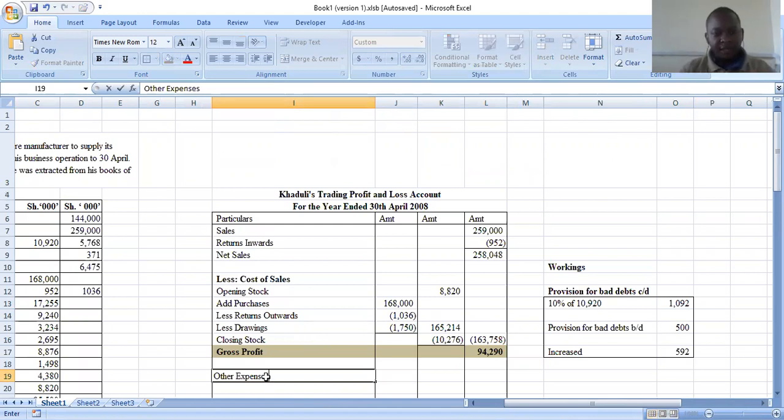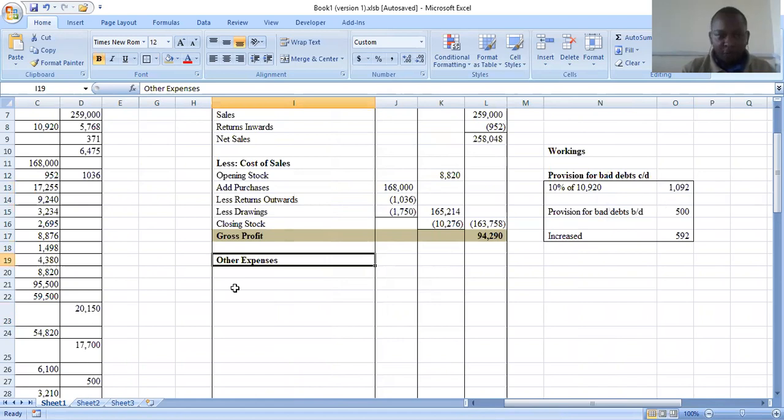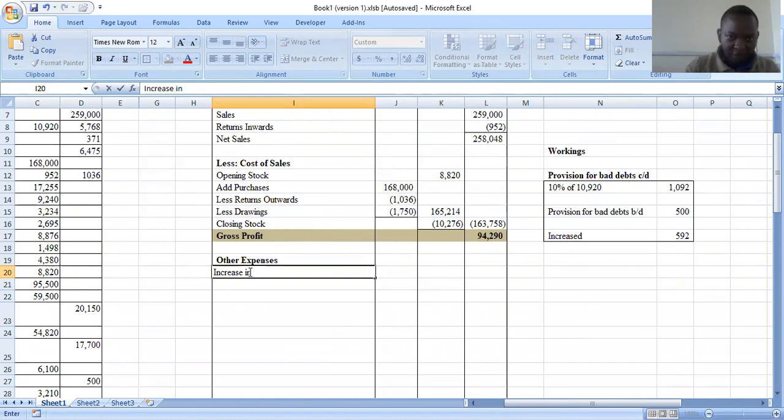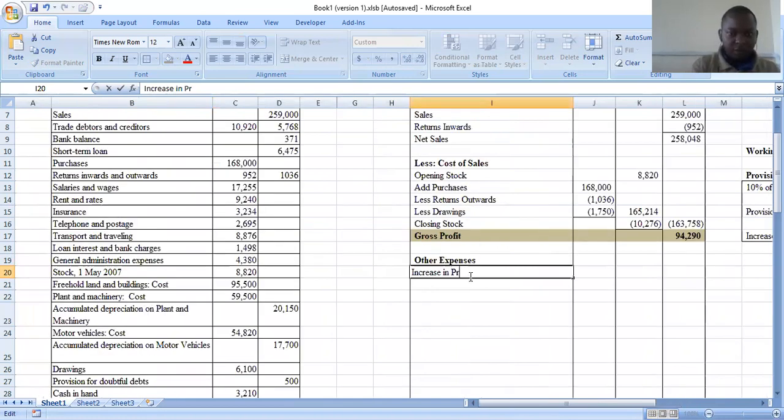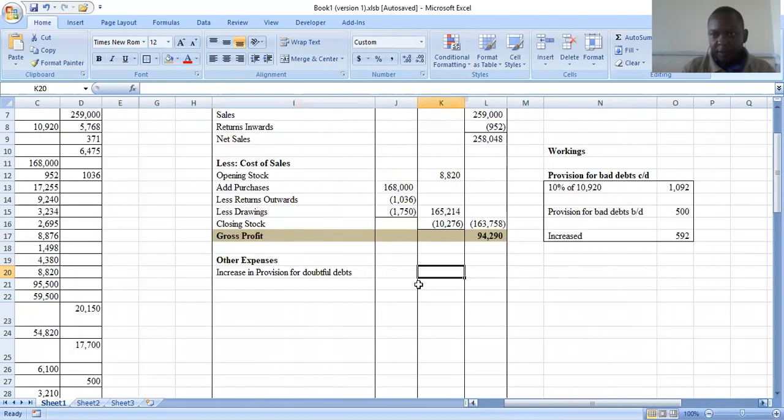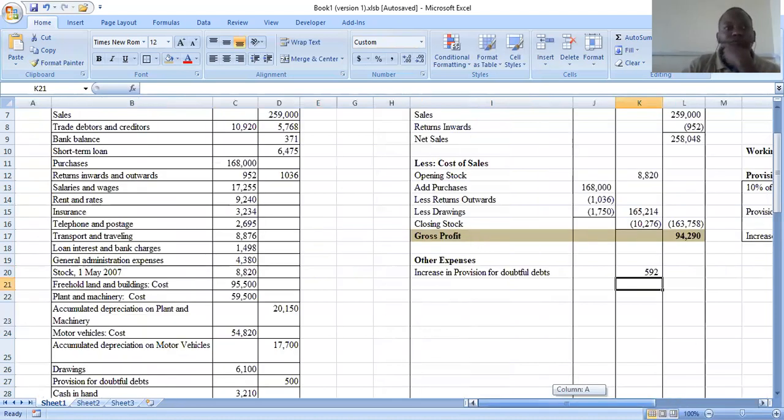And under the other expenses, we can begin even with this provision for bad and doubtful debts and say increase in provision for doubtful debts, ambayo tumepata ni how much? 592. Sawa sawa.